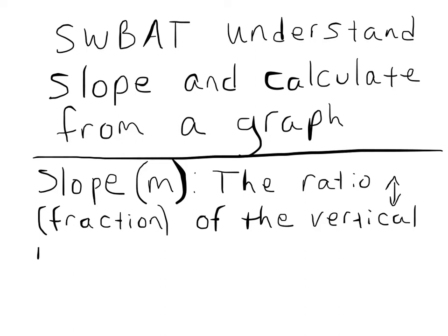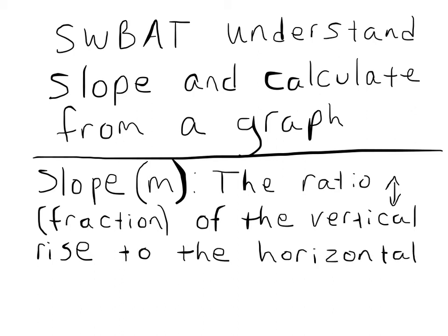So the vertical rise to the horizontal. What does horizontal mean? Remember, horizontal means left and right. So it's the ratio of the vertical rise to the horizontal run.